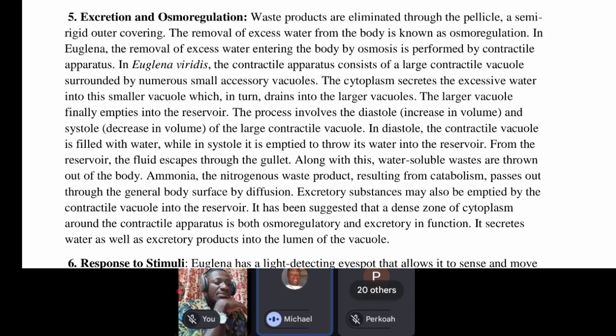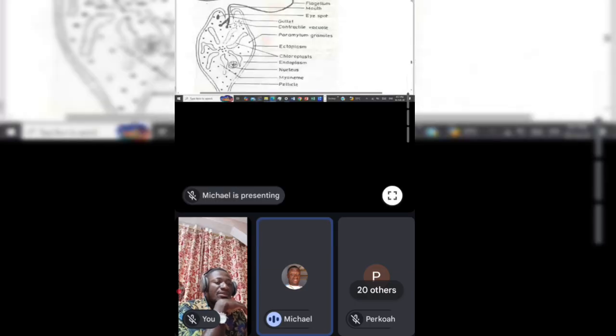So let me get the actual drawing and I will explain for the very last time to you. So there's the amoeba and there's the contractile vacuole. Now you see we have small points over there. So together all of these are called the contractile apparatus. So it's not one. It's like a group of materials, or let me say equipment. So that is the contractile apparatus.